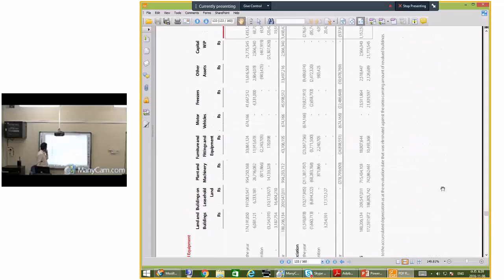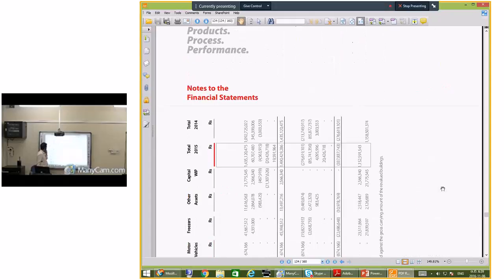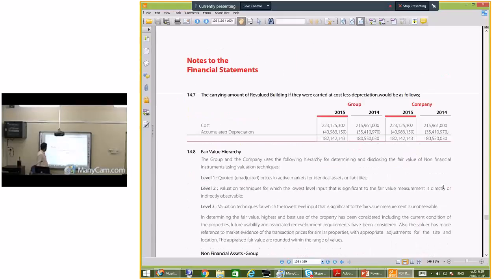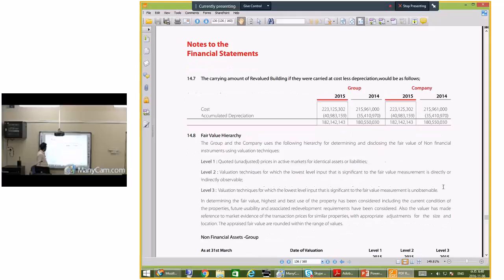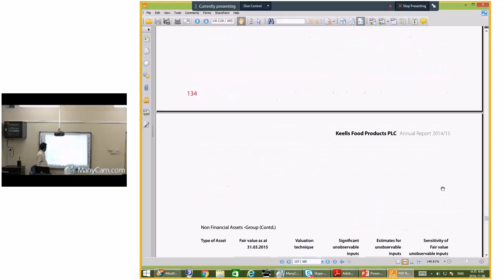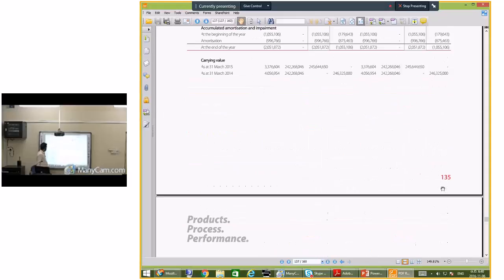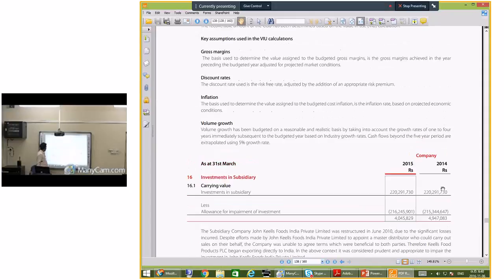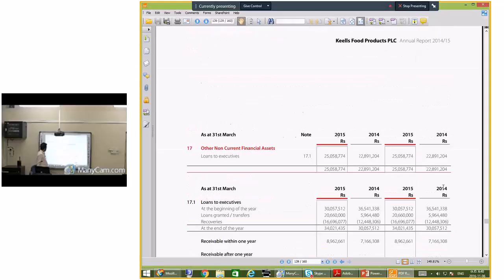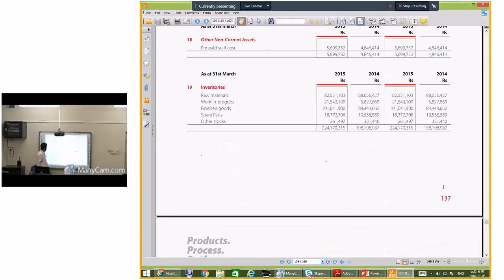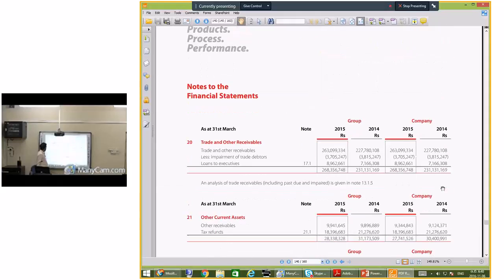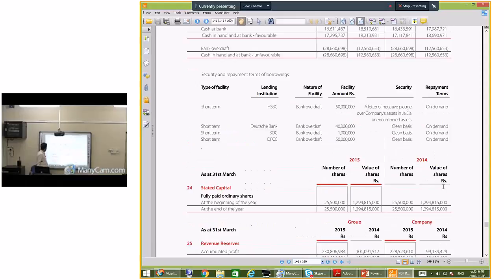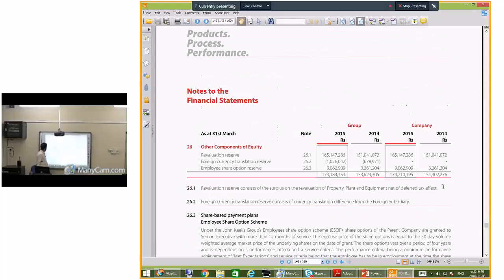You can see different types of applications here. If you refer to a number of annual reports, you can get a clear idea about the difference between the theory and the practice, how far that theoretical background is applied in practice.